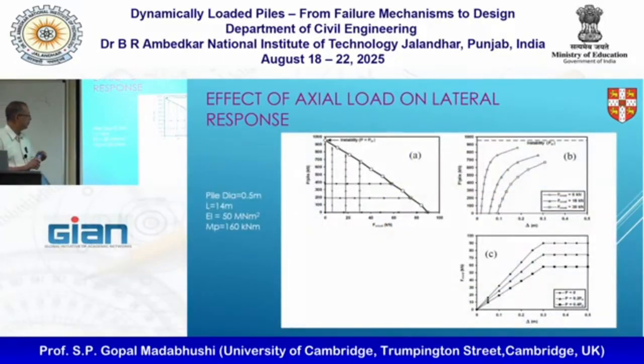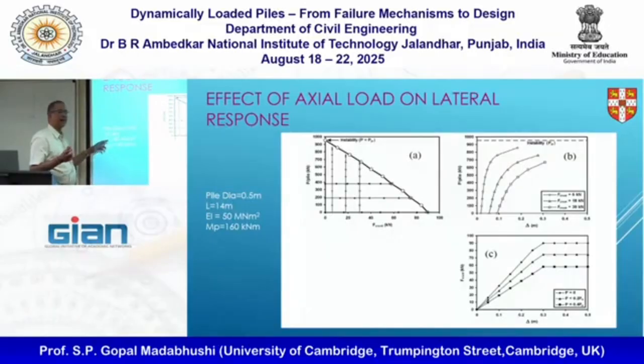Then we want to see how we can use this in design. So let's consider a pile, 0.5 meter diameter, length maybe 14 meters. When I say length, I mean length in the liquefiable layer, EI of say 50 meganewton meter squared, round number, MP of about 160 kilonewton meter. Okay, these are the values.